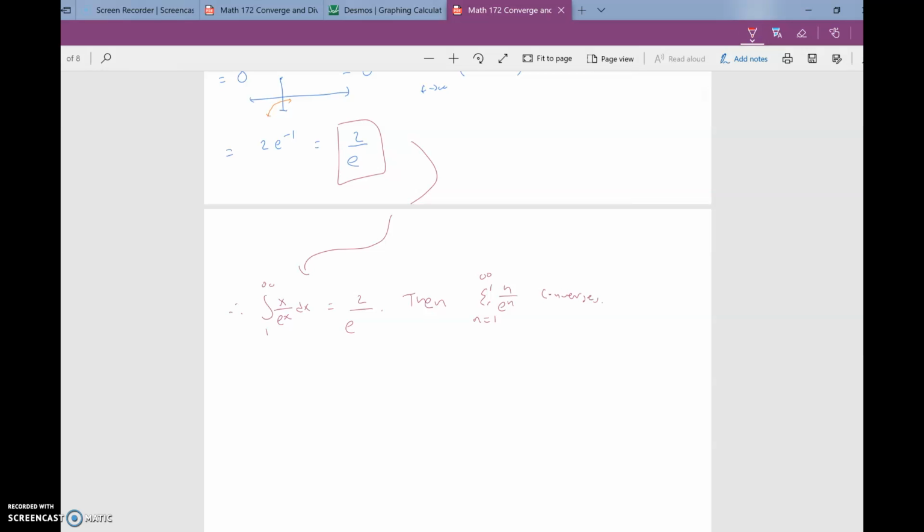Now your conclusion is only that it converges, and that's because this integral existed and we ended up with a value. So that would be your main solution, that it actually converges.